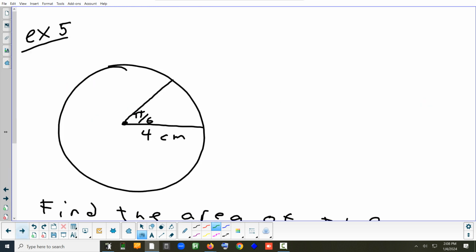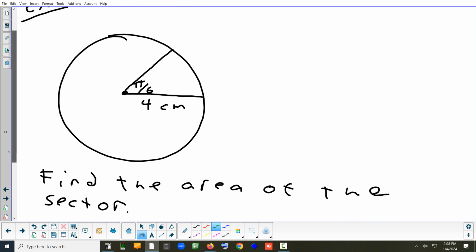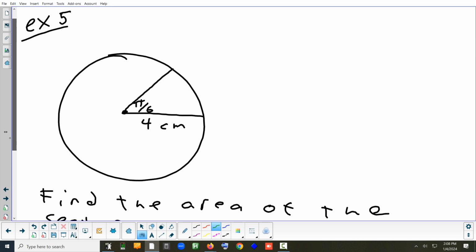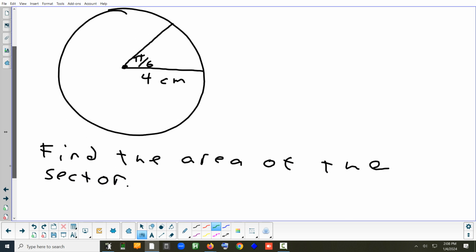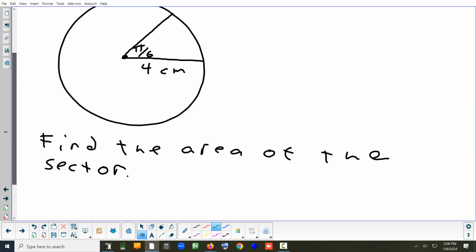All right, let's try an example. So example 5 says find the area of the sector. All right, start with the formula.